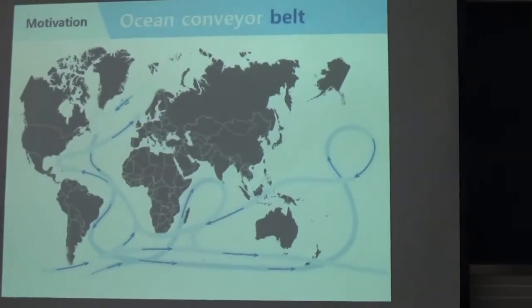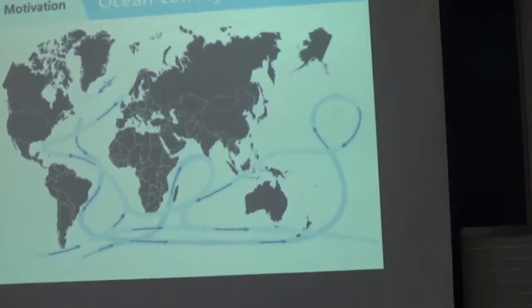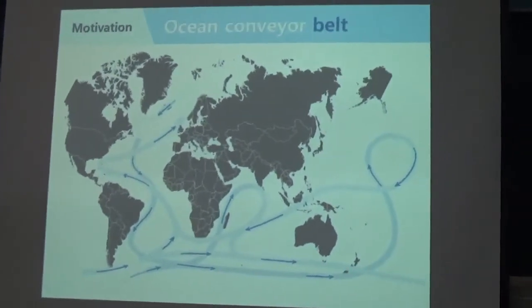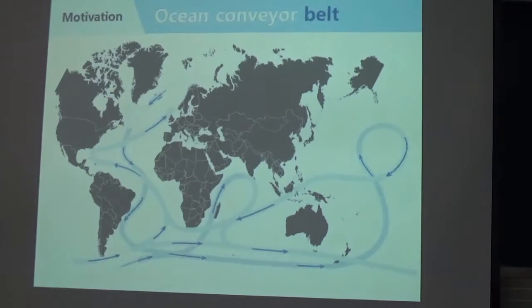This picture is about oceanic current. This is a global belt made by the oceanic flow called thermohaline circulation.